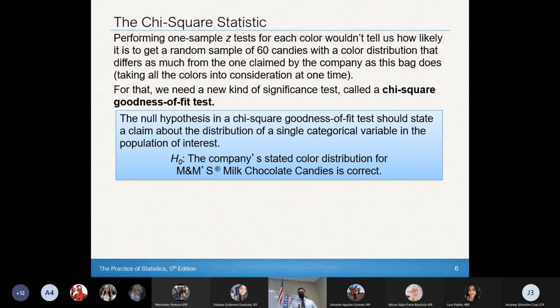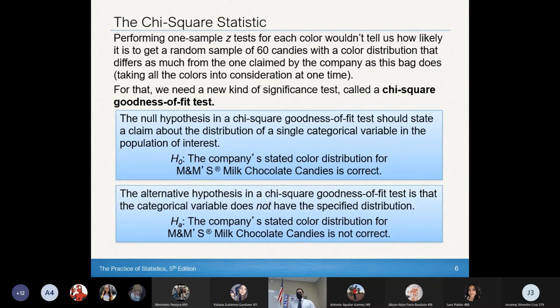I could write it out that each of the individual, P of blue is 0.24, P of red is, and have 5 different variables going on, or I can just write it like this, which seems a little more efficient. The alternative hypothesis in a chi-square goodness of fit test is that the categorical variable does not have the specified distribution.